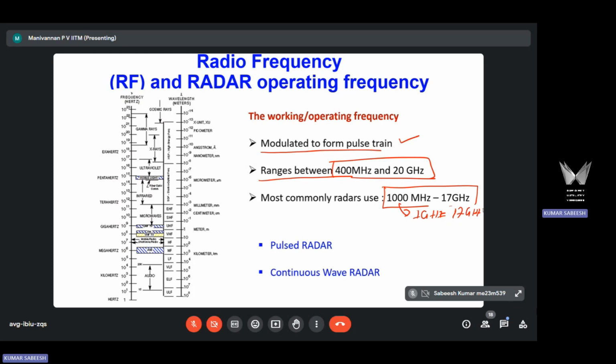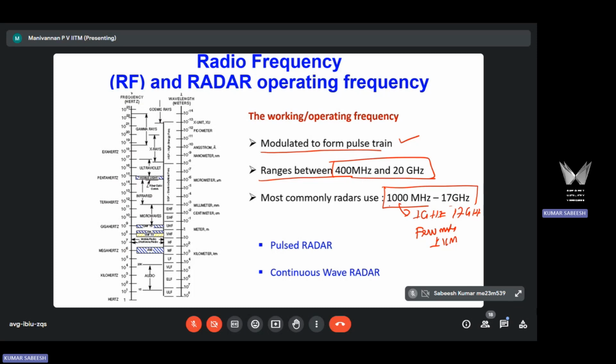Where this range is frequently used, right? These radars are used for measuring distance from a few meters to maybe 1 kilometer. You can detect objects up to 1 kilometer distance. They use this frequency range, and they use power in the order of kilowatts, right? Not gigawatts or megawatts. They don't need it. We will see why.